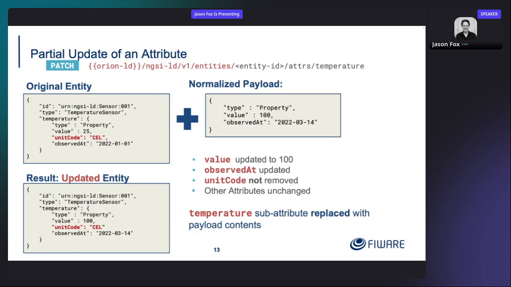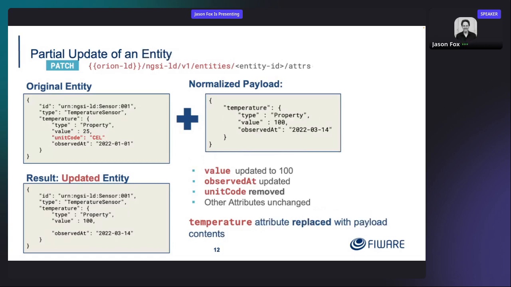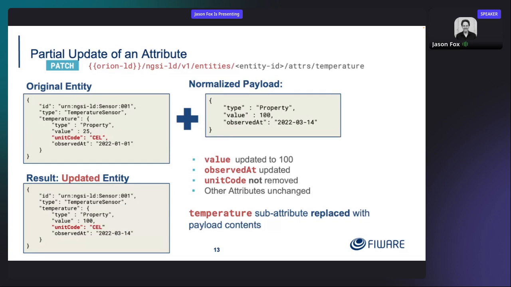If you look at the first level attribute, that is the one which is doing the overwrite. So we're overwriting type, we're overwriting value, we're overwriting observed at in this particular case. In the previous slide, we're overwriting temperature because that's the element at the lowest level. So you can see here that the temperature sub-attributes are replaced in the payload contents when attrs is running with the attribute.